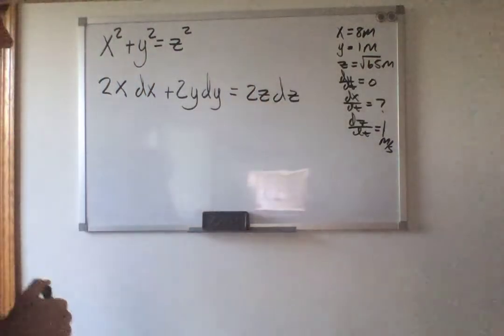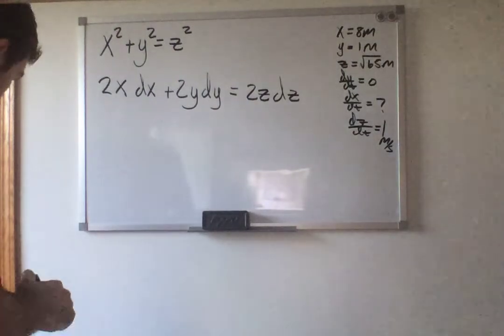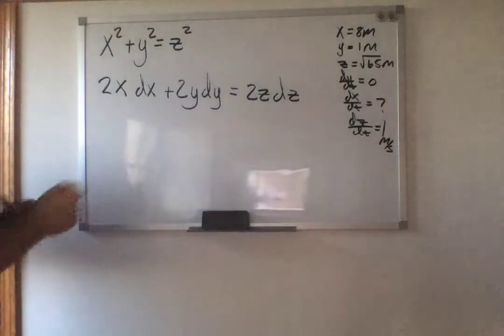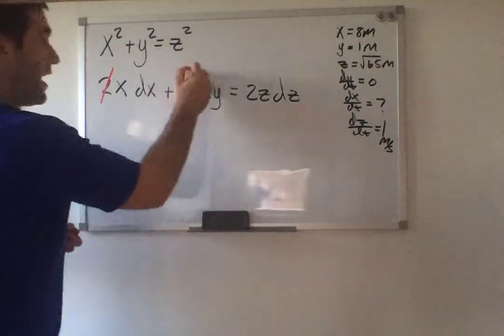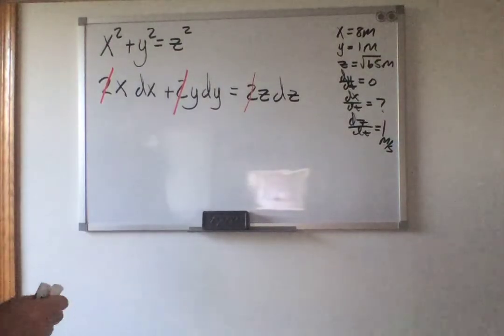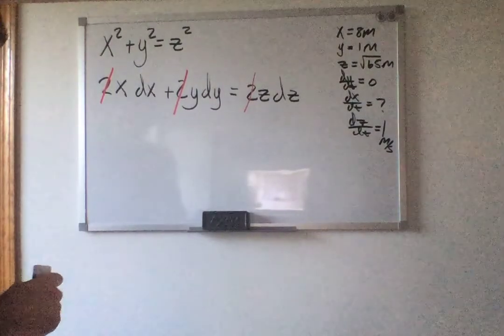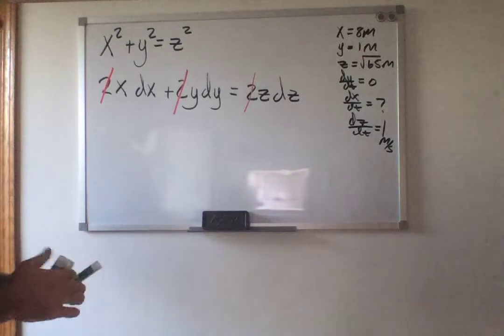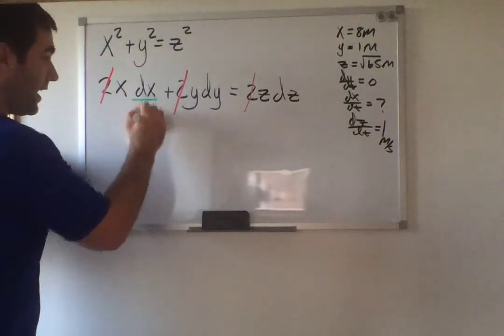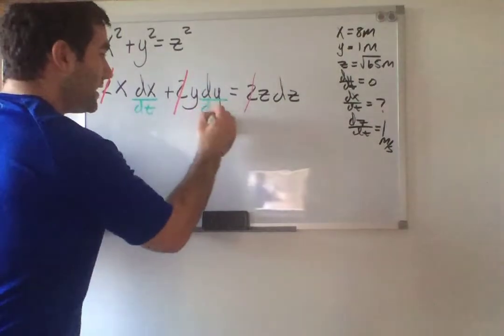Now, if you notice that this has a 2, this has a 2, this has a 2, so we can just go ahead and cancel those out. Not only that, in this same step, as you see, I'm limited on board space. So in this same step in green, I'm going to divide by dt.